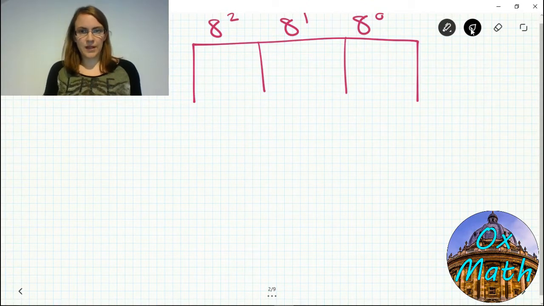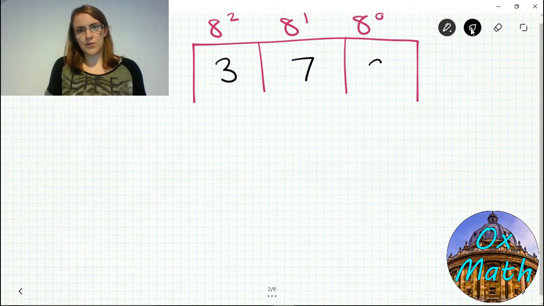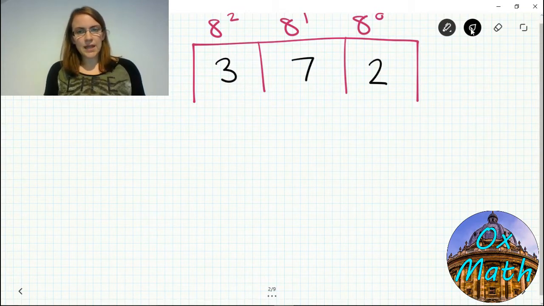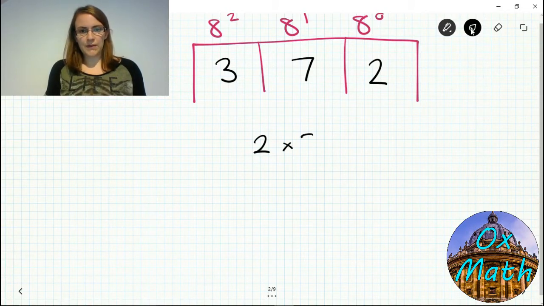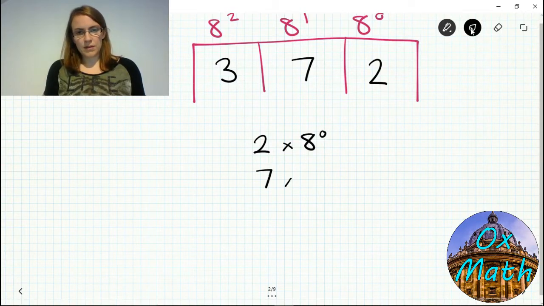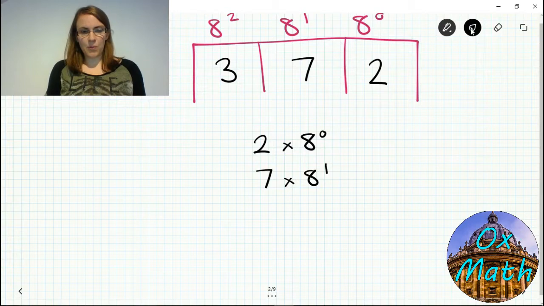So let's have a look at an example then. If we had the number 372 in base 8, let's see exactly what that means. So starting from the right hand side, we can see we have 2 lots of 8 to the power 0. We then have 7 lots of 8 to the power 1 and 3 lots of 8 to the power 2.